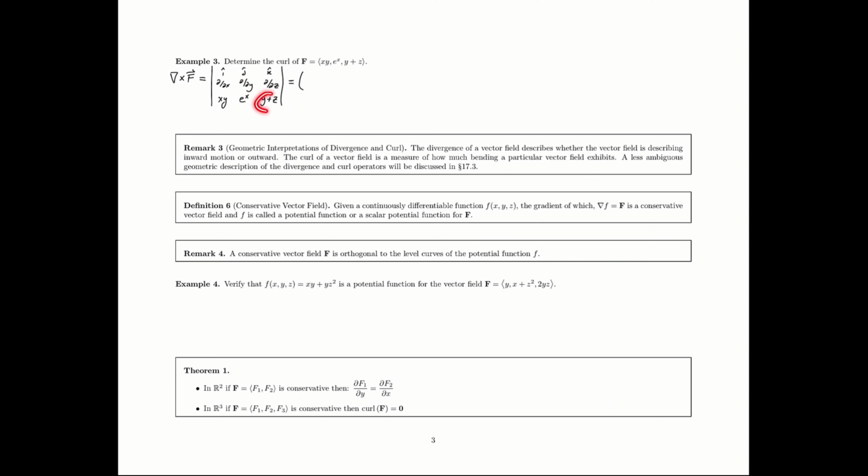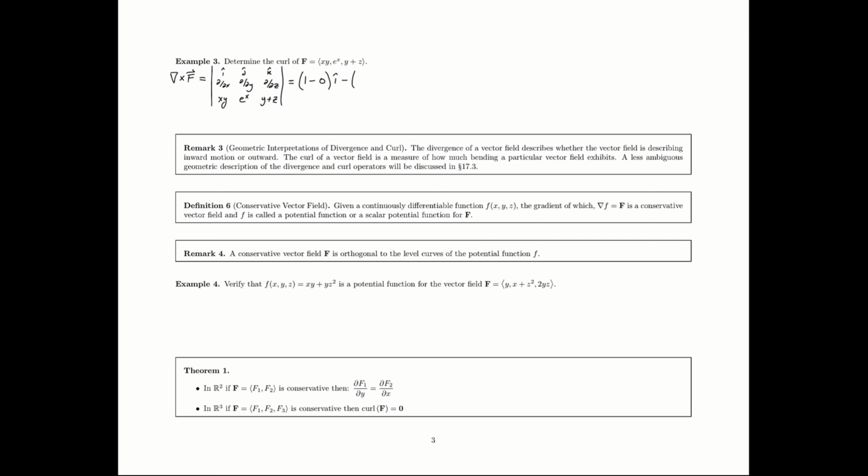So we take the y partial of this, and then subtract the z partial of this. This will be 1 minus 0 times i hat, minus, because remember, we always alternate plus, minus, plus. So we're on the minus term.